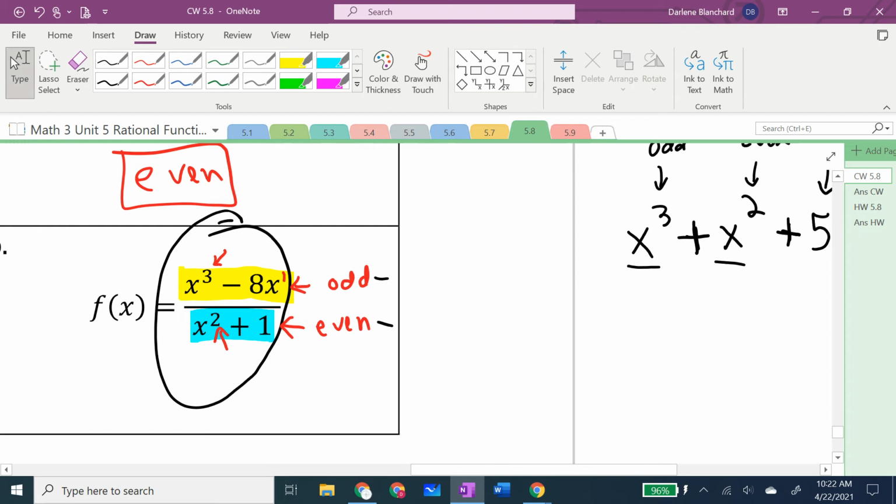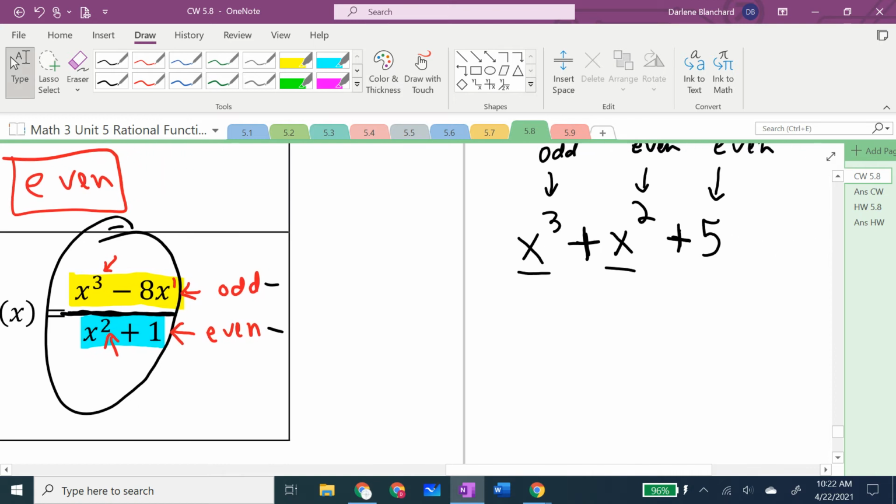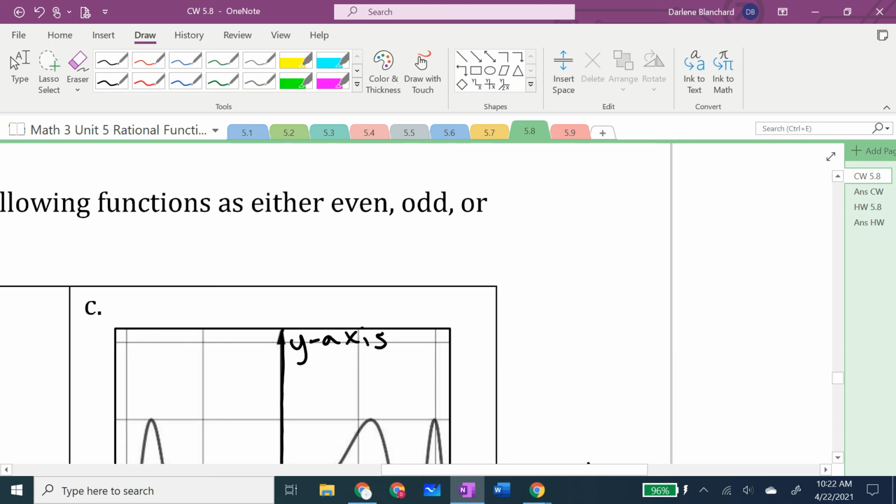Over here with the rational function, if I have two polynomials and both of them are either even or odd, then I can have a rational function that is also either even or odd. It's a lot to take in, but just look back at this later if you need to remind yourself. The polynomials alone have a way to determine even and odd.